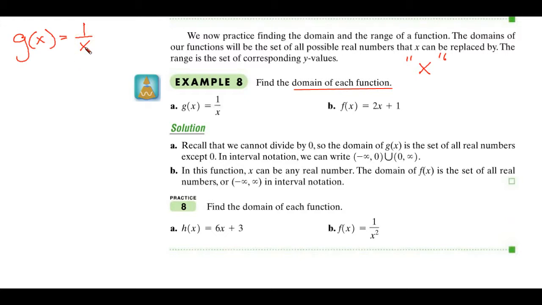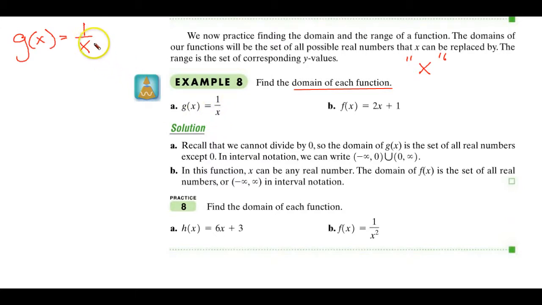Well, can 1 be there? Yes. 2, 3? Absolutely. But how about if x is a 0? That would be undefined. So when we are looking for the domain of something in which a variable is in the denominator, we have to exclude any value of x that would make the denominator a 0.